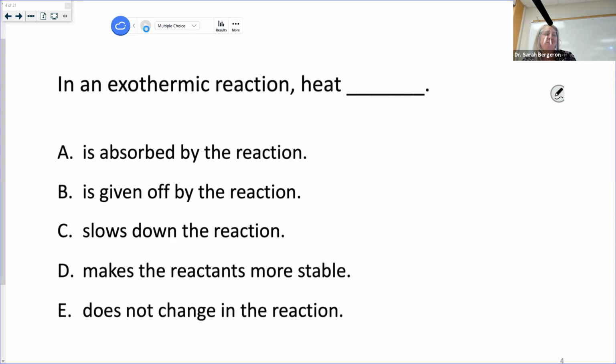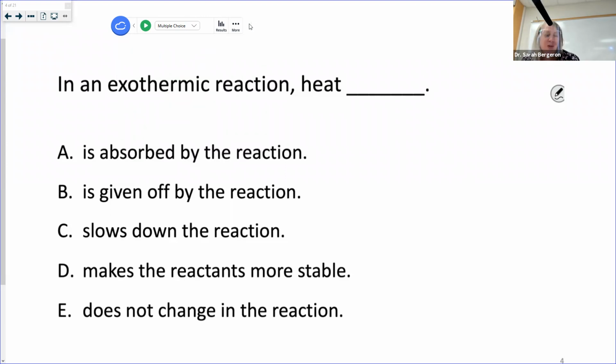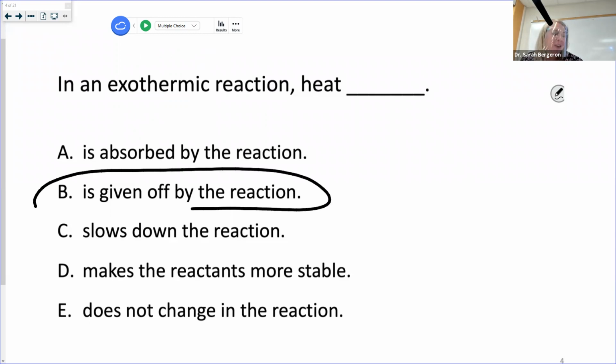Okay, here we go. All right, so in an exothermic reaction, heat, good, is given off by the reaction. Good, good, good. All right, so I was really easy and nice to you here because what term did I use in the question? Heat, right? If this says exothermic reaction, could I say energy is given off? Can I do that?